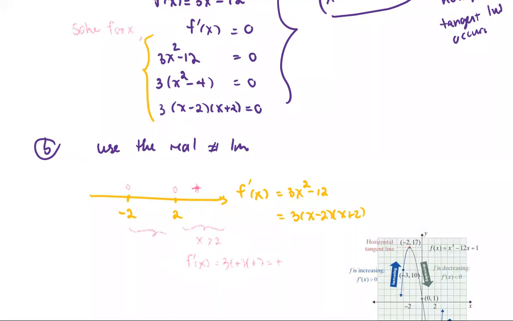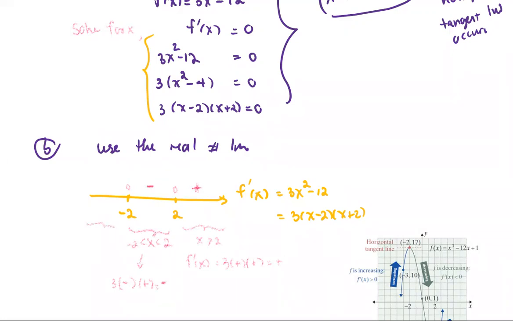And then for the second interval, the one in the middle between x equals negative 2 and x equals 2, the derivative has the sign of 3 multiplied by the sign of the number minus 2 and the sign of the number plus 2. For example, pick the number 0. 0 minus 2 is negative, and 0 plus 2 is positive. Therefore, it returns a negative sign for f prime within this interval.